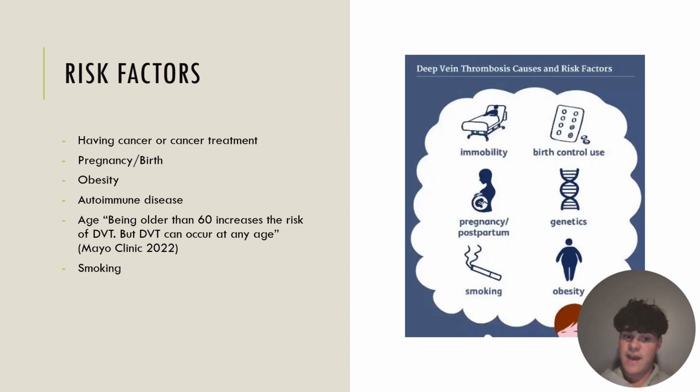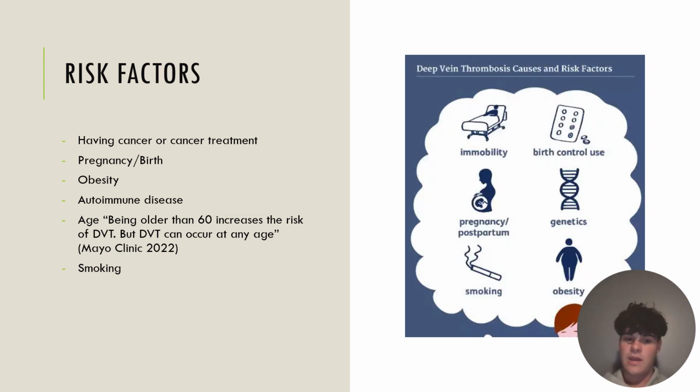Some common risk factors can include having cancer or receiving cancer treatment, pregnancy or going through the process of childbirth, obesity or immobility, living a very sedentary lifestyle, autoimmune disease, such as issues with the heart, lungs, and age.